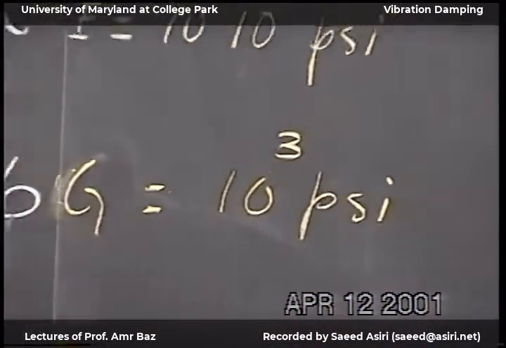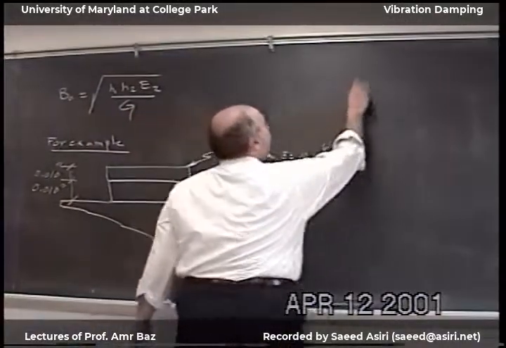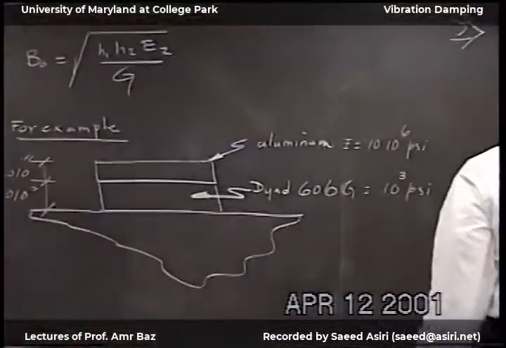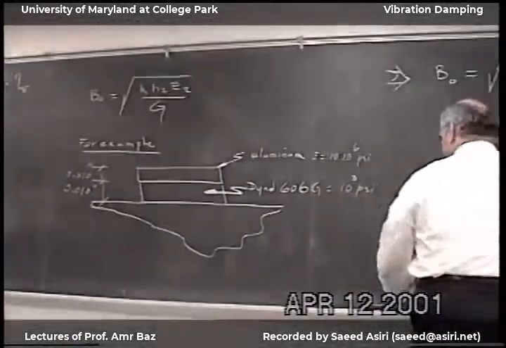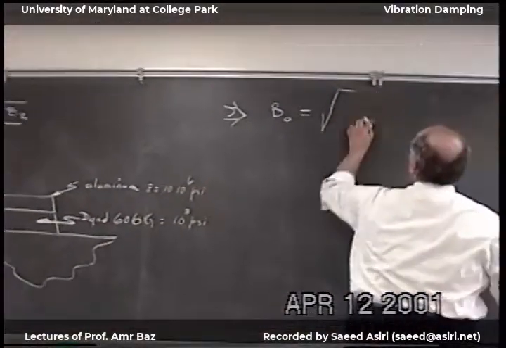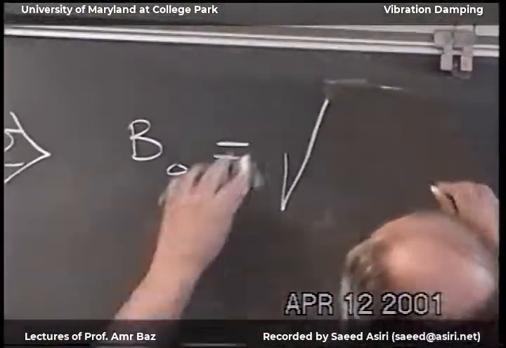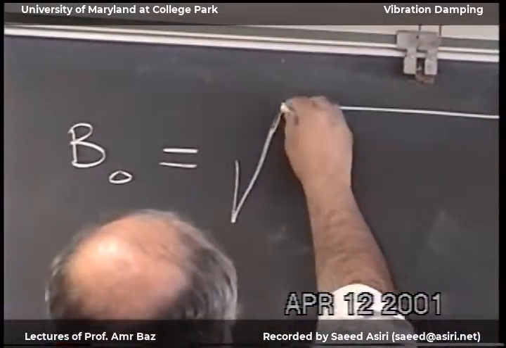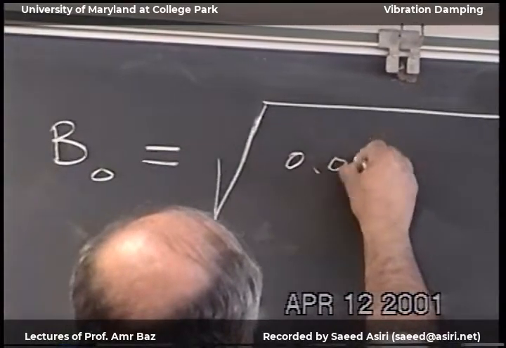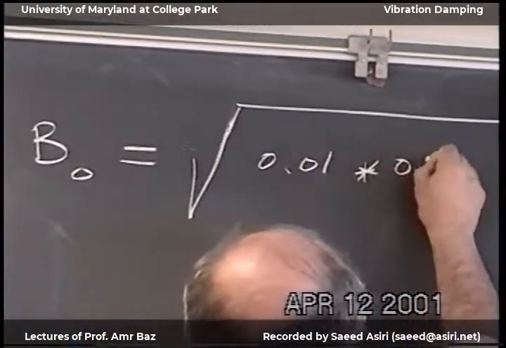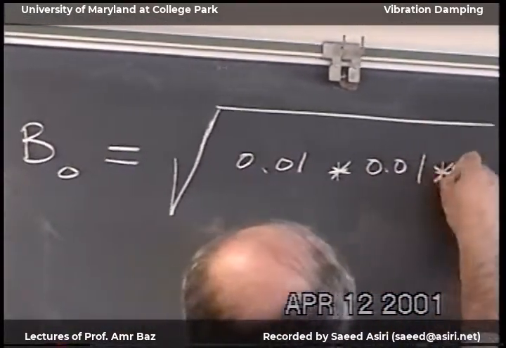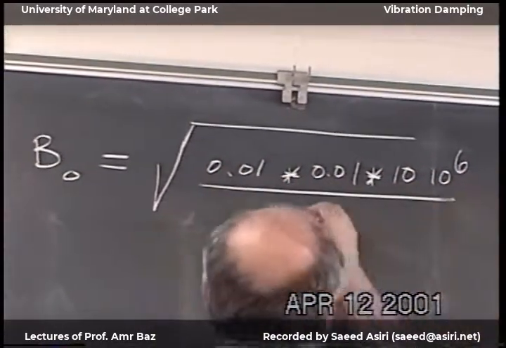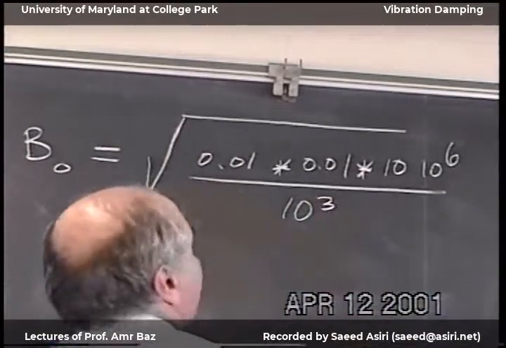Now let's plug these numbers here. Then B0 will equal the square root of 10 thousandths of an inch, 10 thousandths of an inch, 10 times 10 to the 6 divided by 10 to the cube.